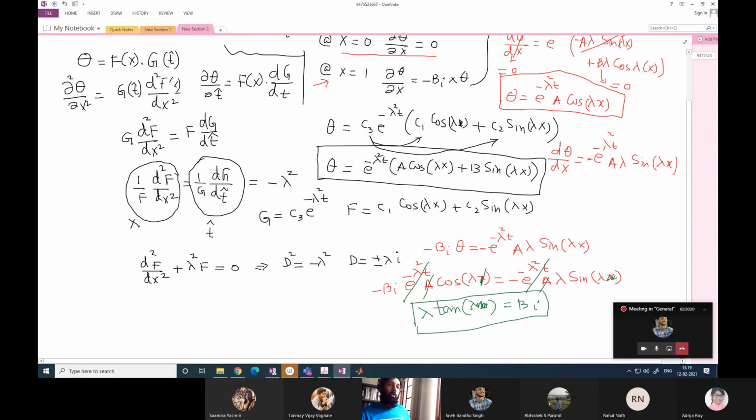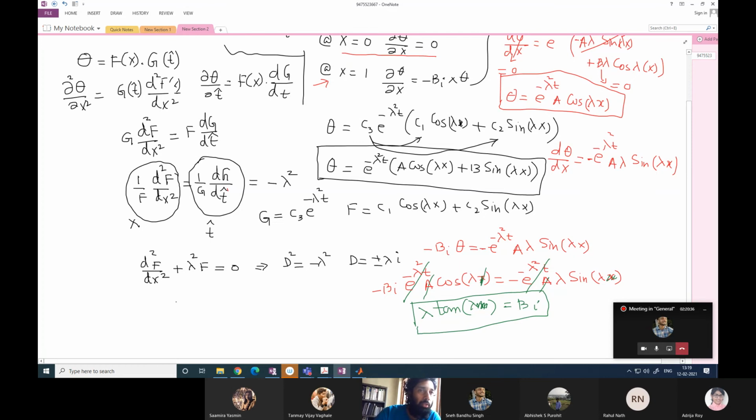So now this is a periodic function. If you solve this, you don't get a single value of lambda. You get a set of lambdas. So you are aware of the superposition principle. So all these solutions have to be superposed.